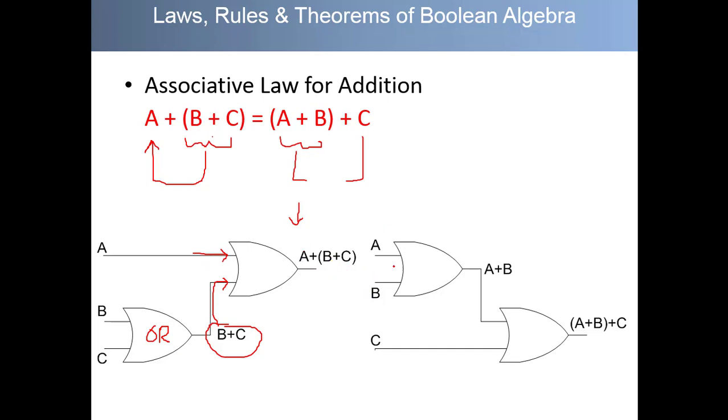In the second situation, we first perform the logical OR operation between a and b, and then we perform the OR operation between the result of the first OR operation and the input c. So in both cases the output produced would be the same. So we can write that a plus (b plus c) is equal to (a plus b) plus c.